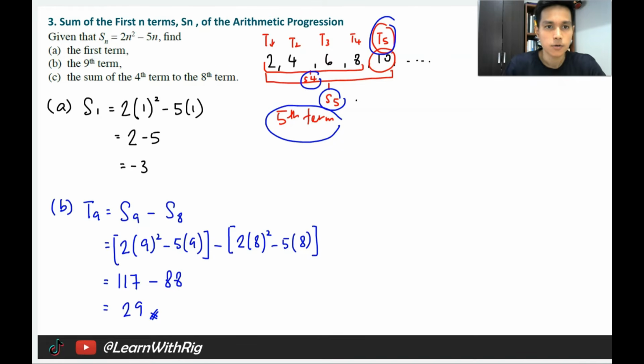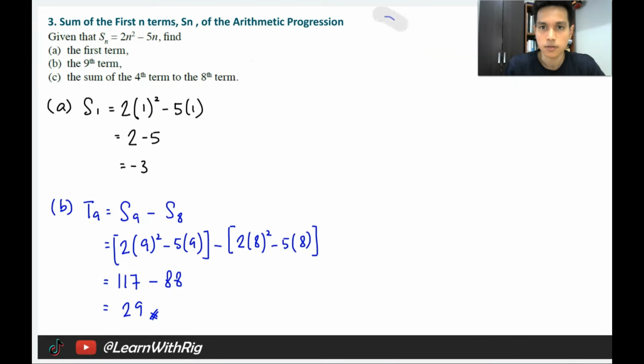Okay. Question C, the sum of the 4th term to the 8th term. So this is actually similar to the previous question, question B. Wait, let me erase this and I'll show you the example again. Let's say you have the same sequence, which is 2, 4, 6, 8, 10, and so on, right?